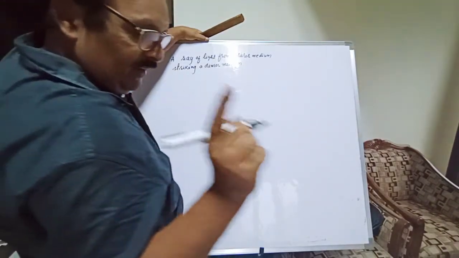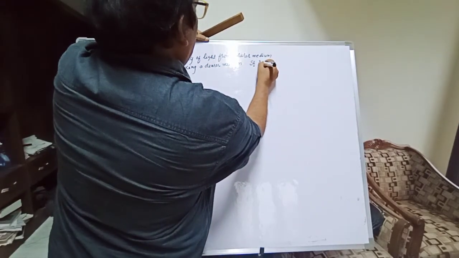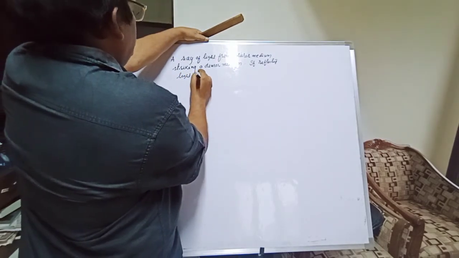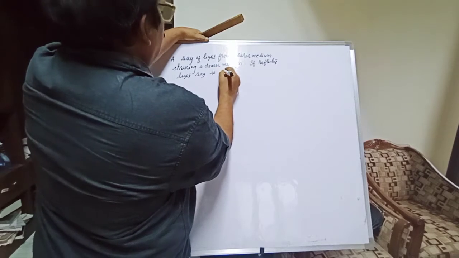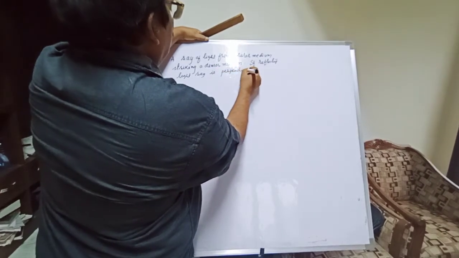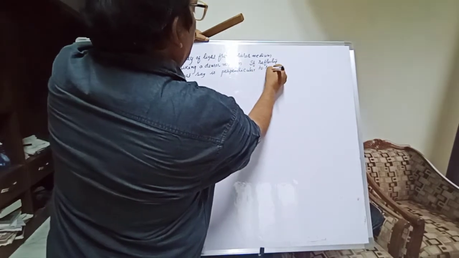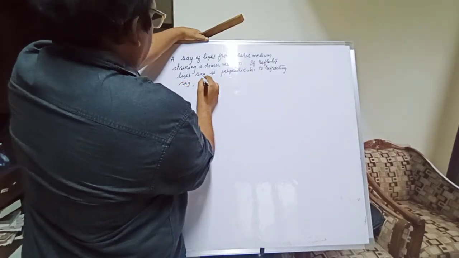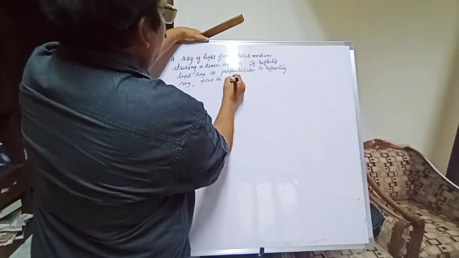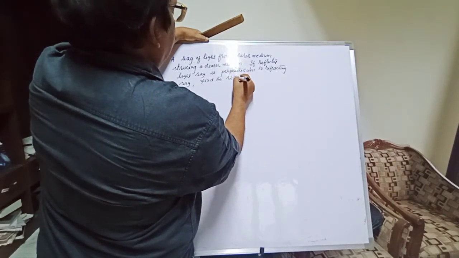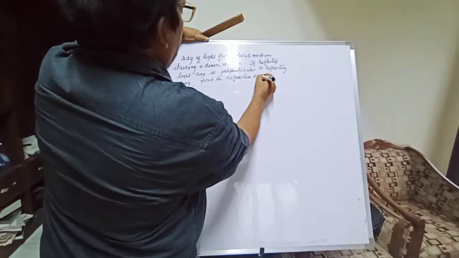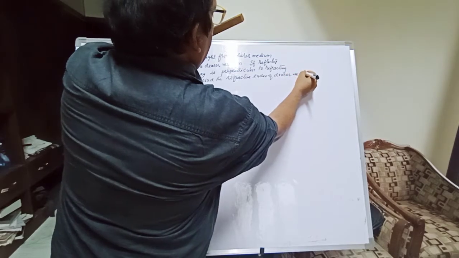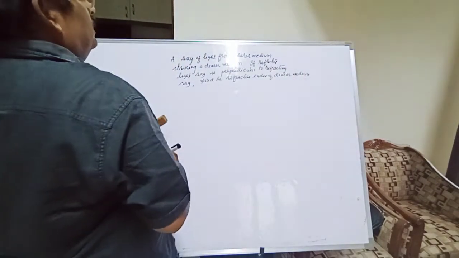If the reflecting light ray is perpendicular to the refracting ray, find the refractive index of the denser medium. That is the question.